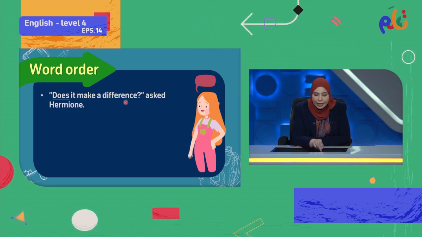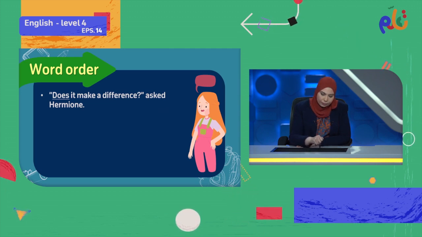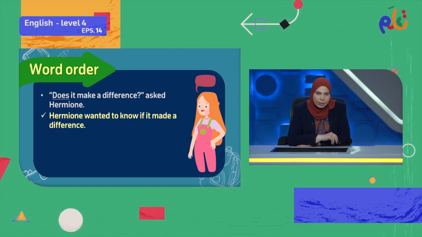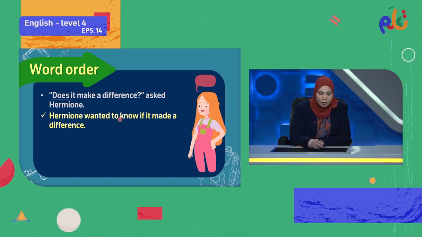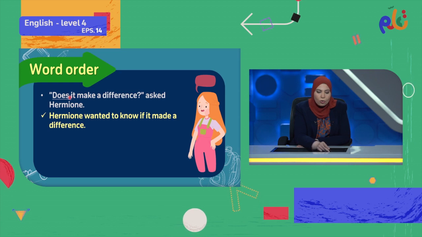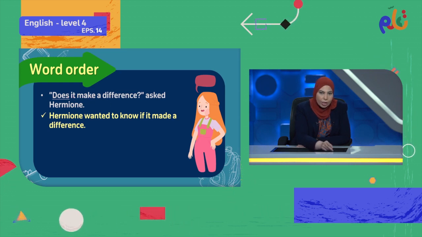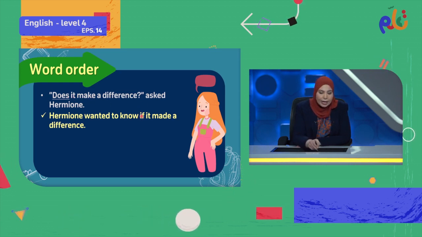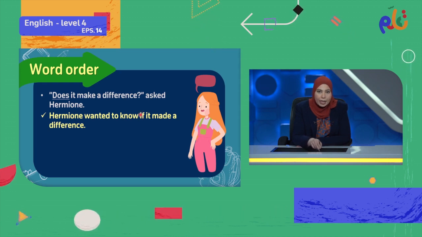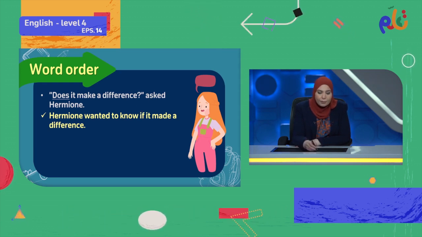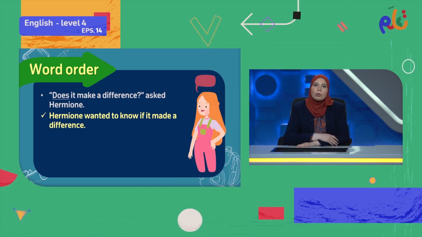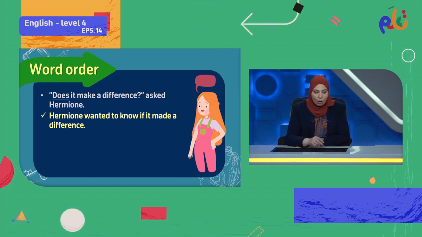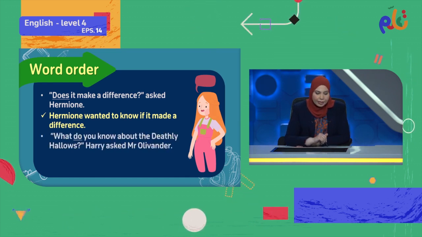If it made a difference. See? This is how it should look. So, does it make a difference? We remove does, and then we replace it with if or whether, it doesn't really matter. And then we have the subject and then the verb, we take it one step to the past like we learned last time.